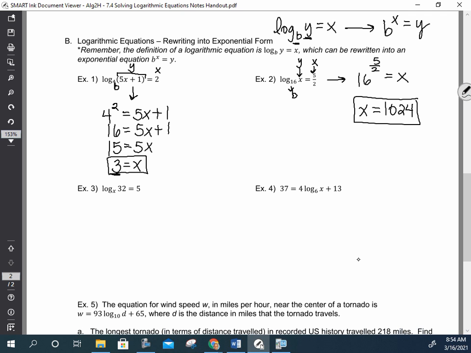So example 3, log base x of 32 equals 5. Again, same rules apply. The x is now where the base would be located. 32 is the y. 5 is the x component. X to the 5th equals 32.